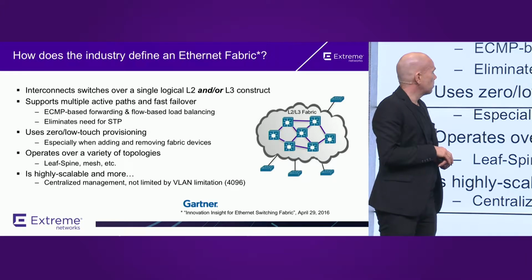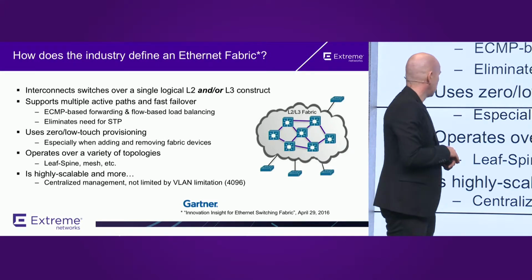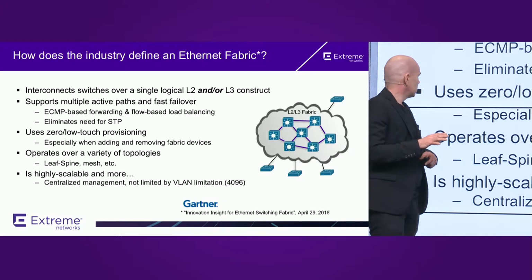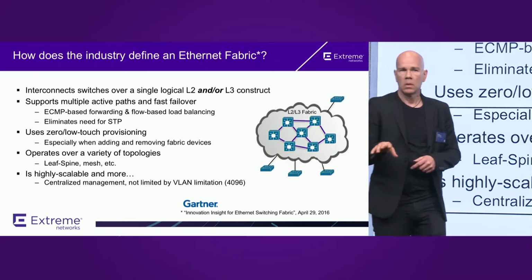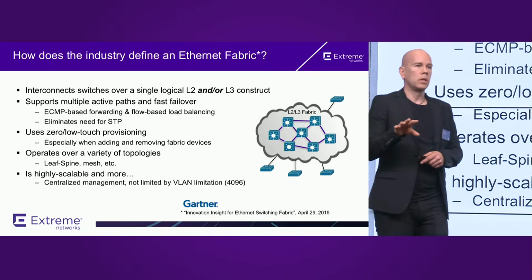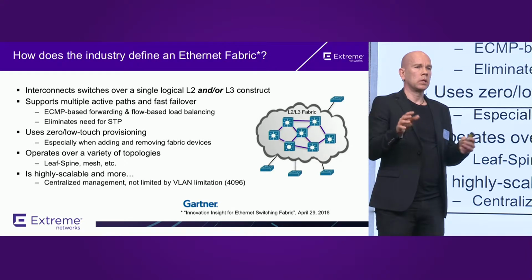It should support multiple active paths and fast failover. As I mentioned, equal cost multipath, multiple active paths. It should also offer zero or low-touch provisioning. So here's a key. Assume that you have a fabric where you just start to connect elements into the fabric, and the fabric forms itself.